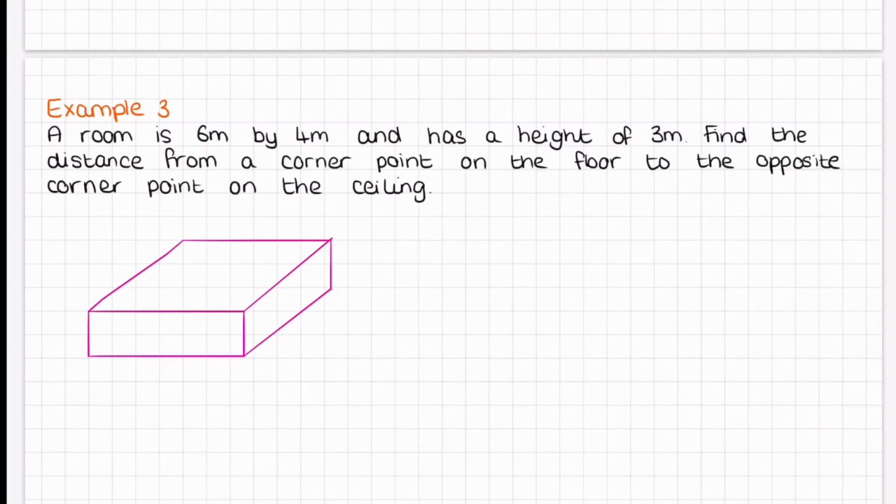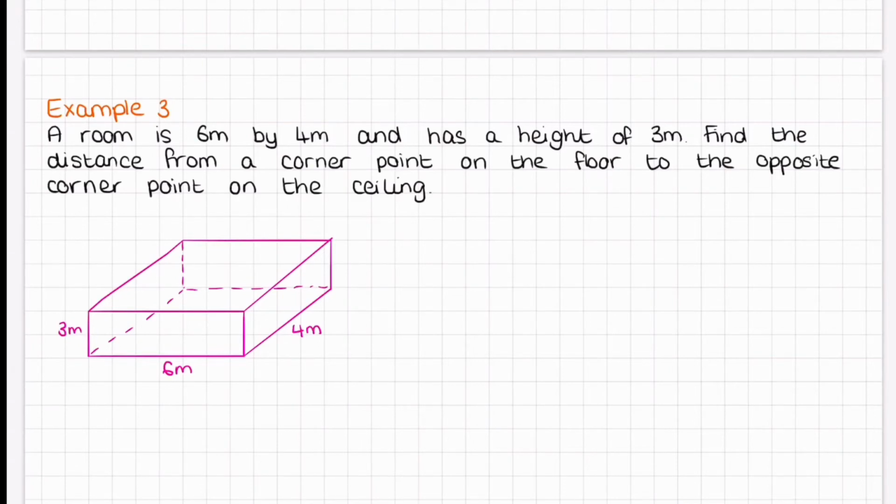And then I'm going to use dotted lines for the other parts. Yeah, that's not too bad. All right, so we have this room here. We know it is 6 meters by 4 meters. So I'm going to say that this is 6 meters, this is 4 meters, and the height is 3 meters.